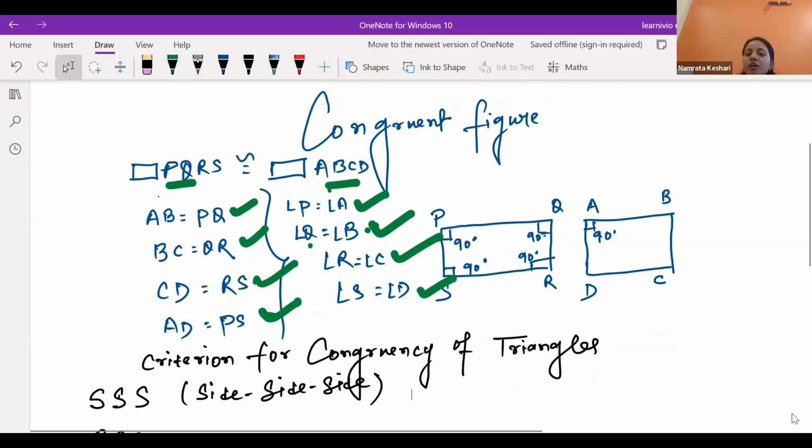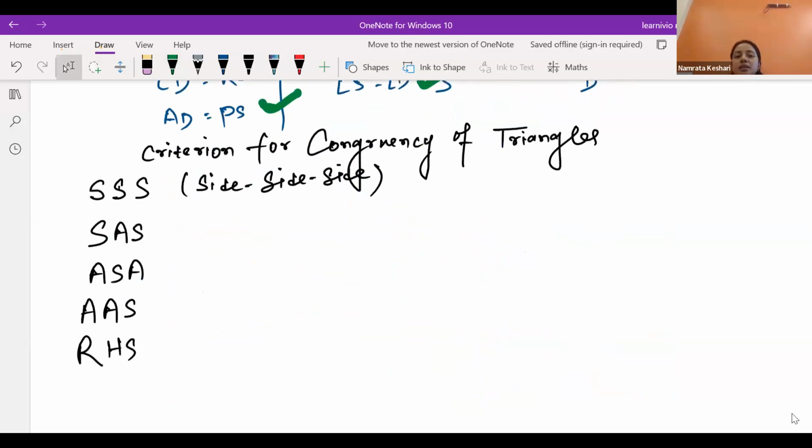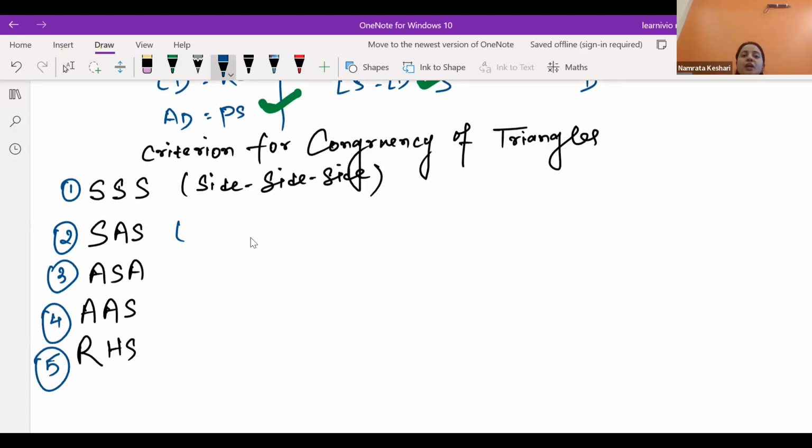And these were the criteria for checking the congruency of two triangles. Okay, so five criteria you were having over there. Here also you will see criteria for checking similarity of two figures. Now similarity means what? We will be starting. Let's complete this one.